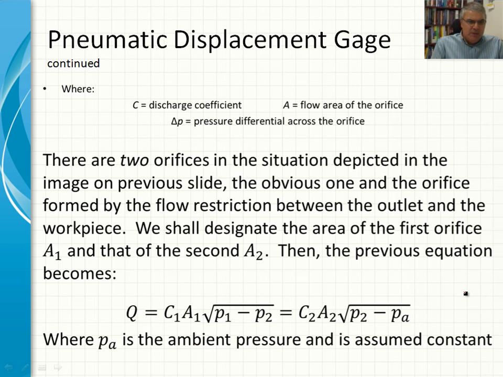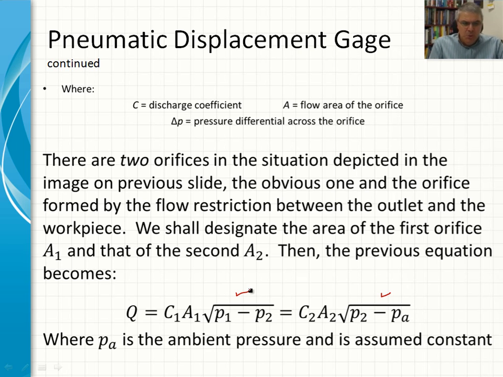In that equation, instead of delta P now we have P1 minus P2 and P2 minus PA. In these formulas, C is the discharge coefficient, A is the flow area of the orifice, and delta P is the pressure differential, or if you will, change in pressure across the orifice.